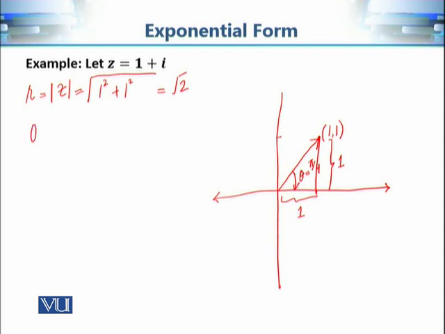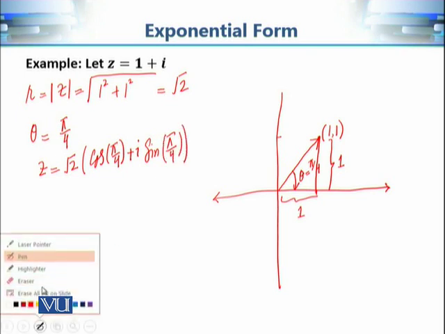So the polar representation of this complex number becomes z is equal to square root 2 cosine pi by 4 plus iota sine pi by 4.